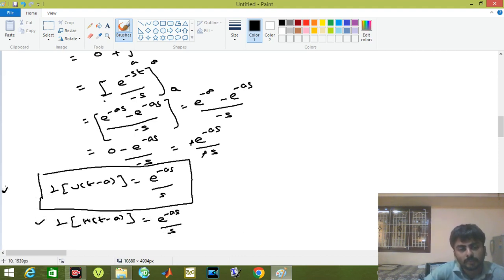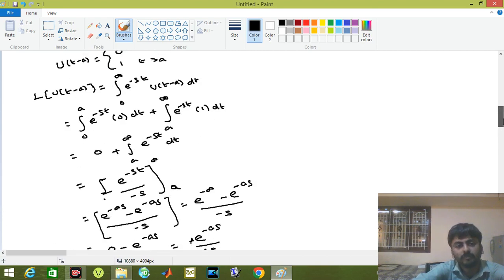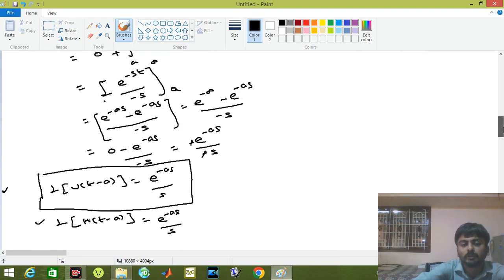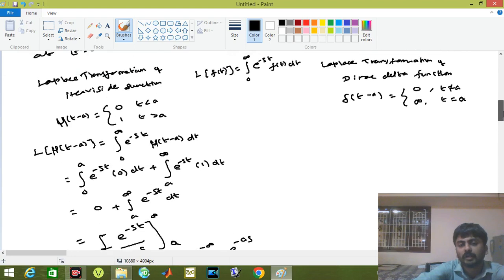If in examination they have asked you to find L of h of t minus a, simply write everything as h. Instead of u, you put h in these two steps, the remaining steps are common. Okay, so both u of t minus a and h of t minus a are same.